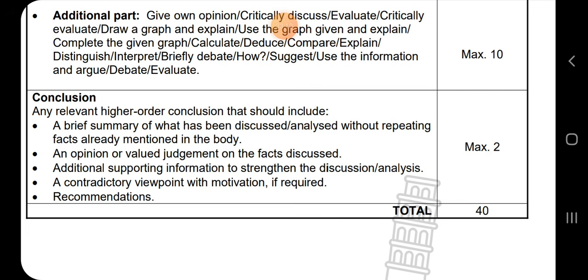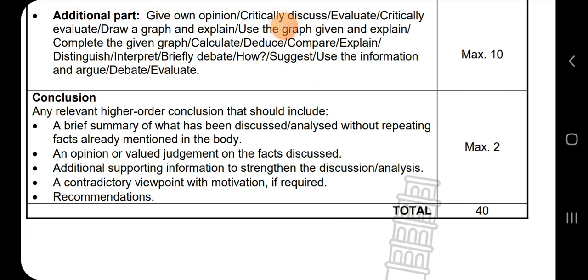What you have taken out from reading information that says this is what is important about going to school. Okay? You write it down. Something like you write conclusion, education is the key to success. That's what you have learned. Okay? So a brief summary, an opinion or valued judgment on the facts discussed.